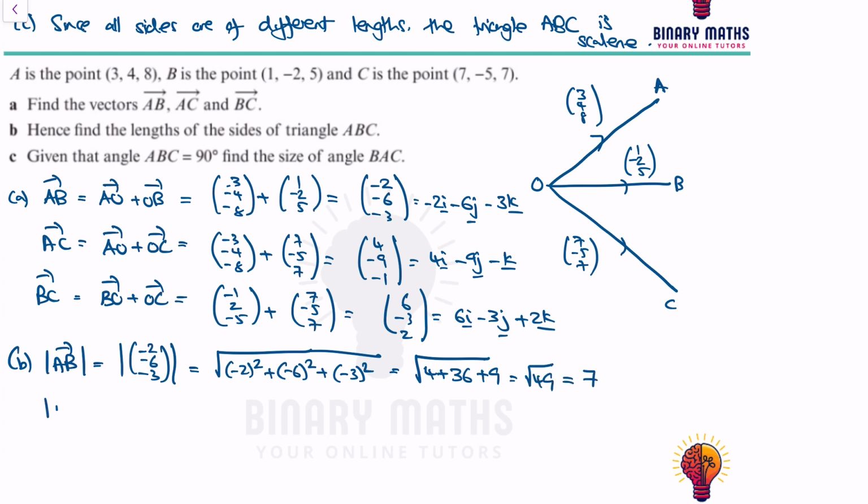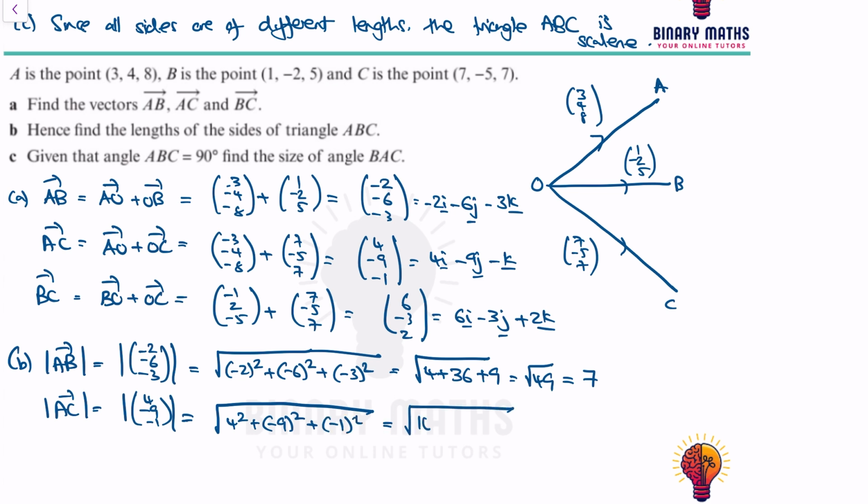The magnitude of AC is the magnitude of (4, -9, -1), which is equal to 4 squared plus (-9) squared plus (-1) squared, which is 16 plus 81 plus 1, which is equal to the square root of 98, which is equal to 7 root 2.